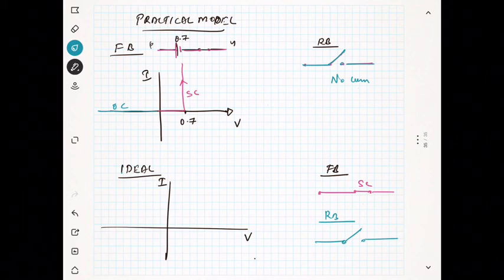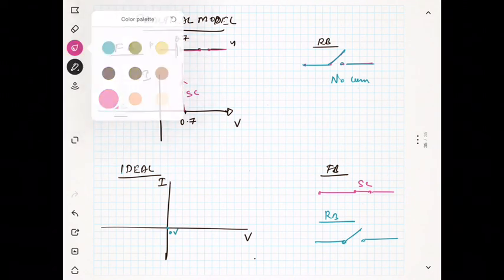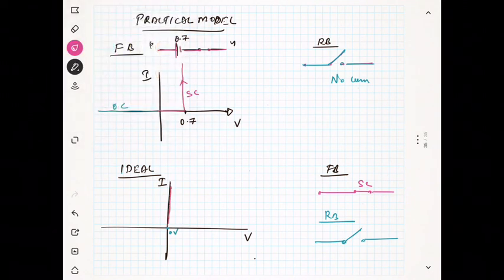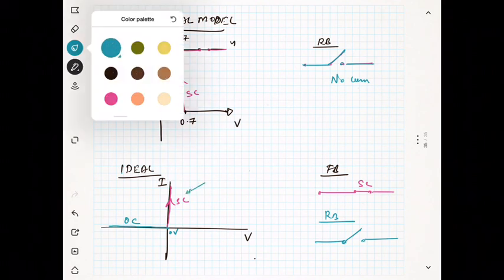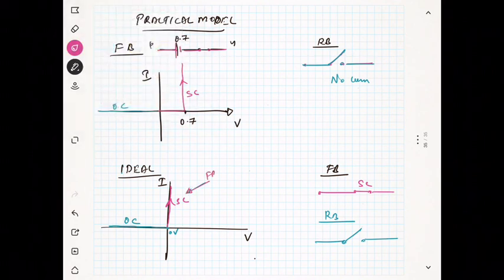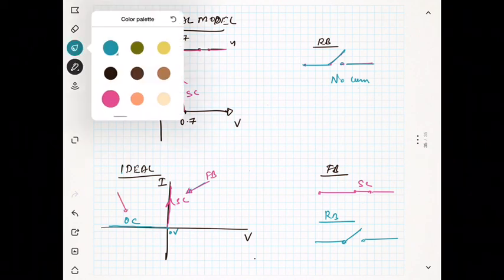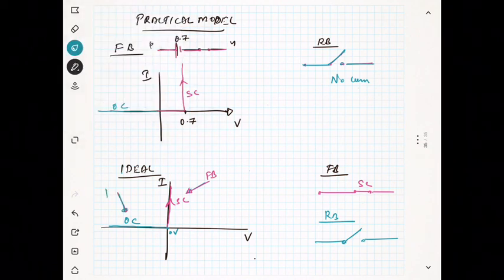So in the forward bias, if you give anything greater than 0 volt, you will get a current like this, short circuit. And in reverse bias it's an open circuit, so the current is 0. So this is the forward bias, and this is the reverse bias. Similarly here, this is the reverse bias, and this part is showing the forward bias.